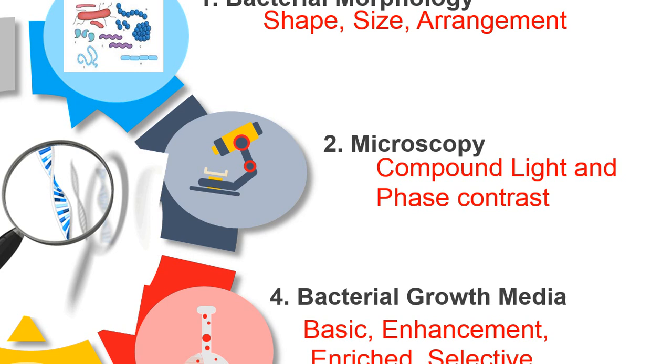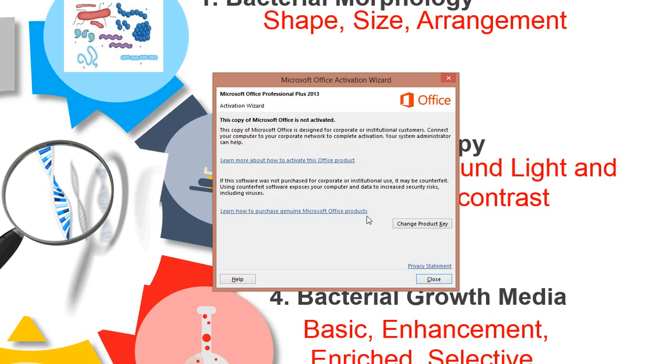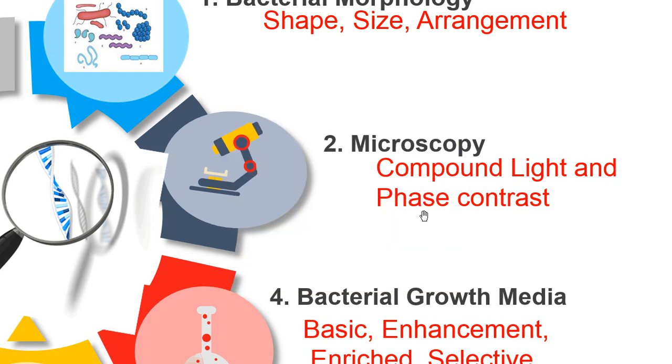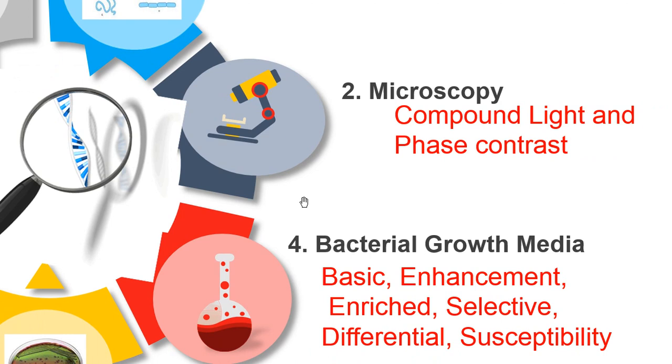The source of light in this compound microscope is basically light, or source of magnification. With the help of this, we can also differentiate between the different parts of the bacterial cell by using phase contrast, just by controlling the intensity of the light. So this is the second step that we commonly use for identification.